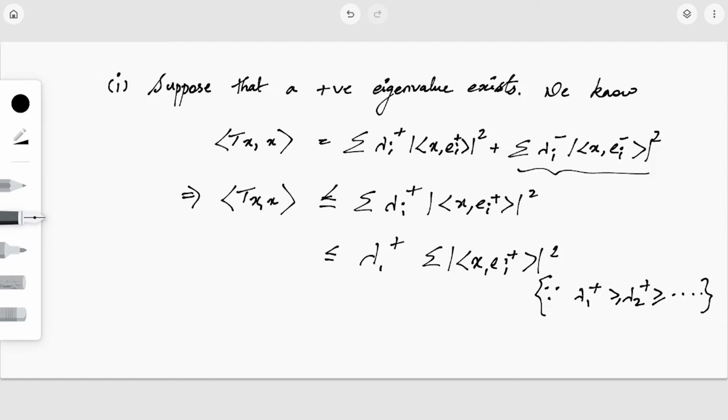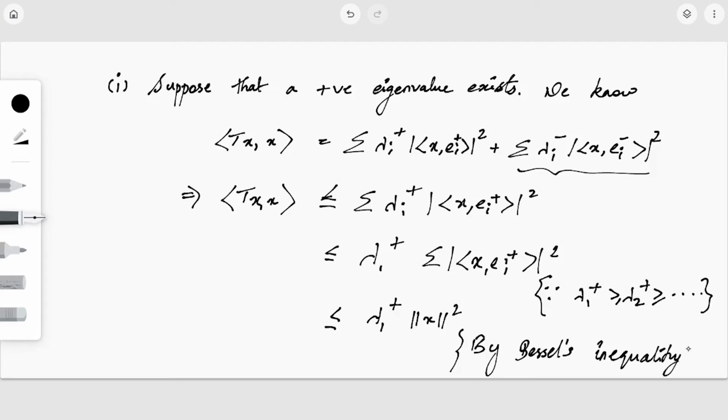So I get this. Now I'm going to write this is less than or equal to λ₁⁺ into norm x square. How is this possible? This is possible by our own Bessel's inequality. Bessel's inequality states that this summation is less than or equal to norm x square. Now what was our assumption?